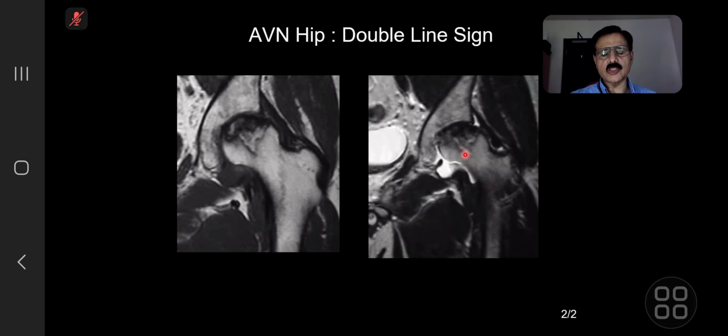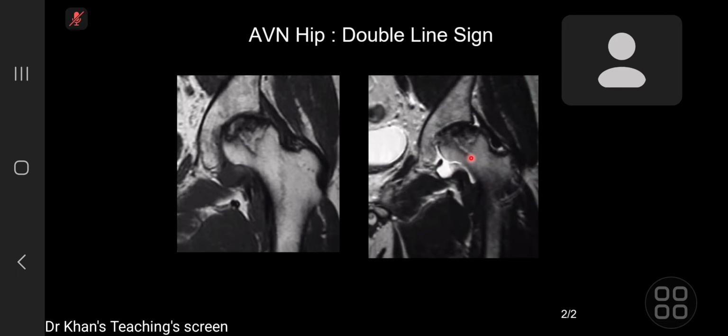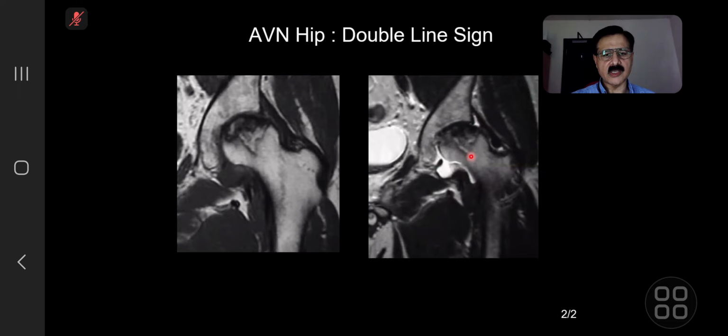So the answer is quite simple. The first line is the interface between normal and abnormal bone. From here, the infarction, the avascular necrosis, commences. And the second line, the high signal intensity line, is because of granulation tissue.